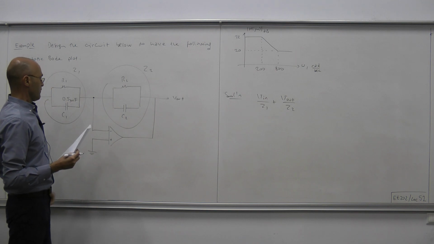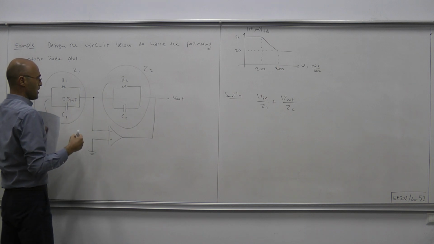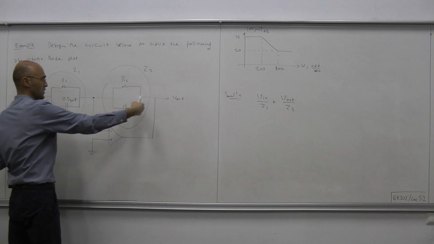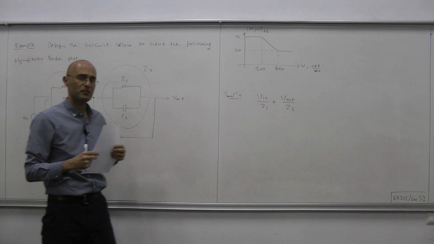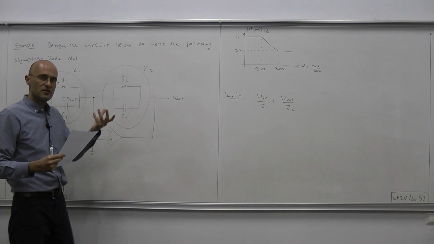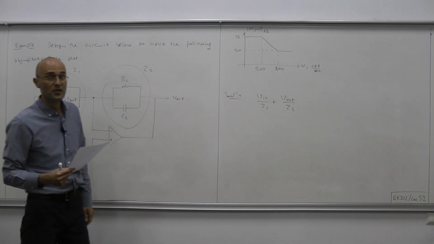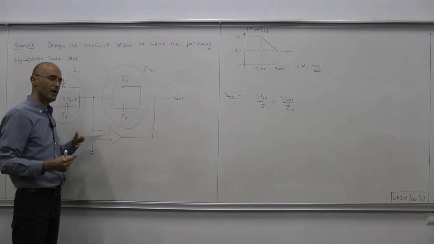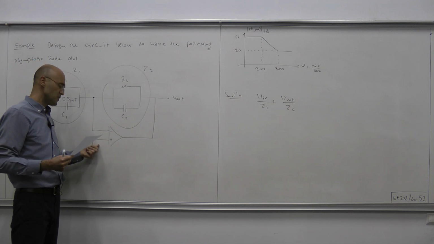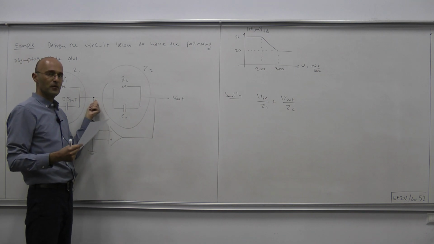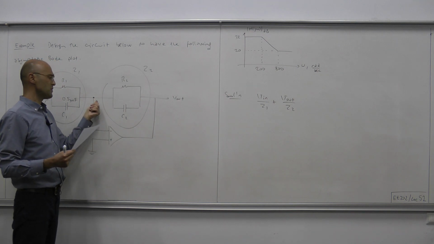Therefore, the current in this direction plus the current in that direction must sum up to 0. Since the op-amp is in linear region, otherwise it wouldn't make sense to talk about a transfer function, V plus and V minus voltages are the same. V plus is grounded, the plus terminal. Therefore, this behaves like a ground. The voltage of this node is 0.